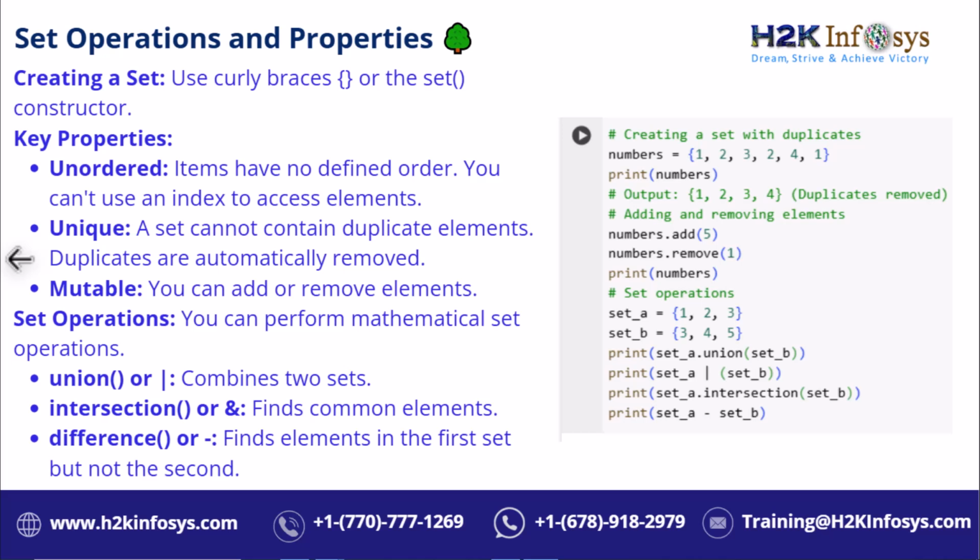Apart from this, with the help of sets, we can perform some mathematical operations such as union, which combines the two sets. We can see it in the example here, we have a set A and set B, with 1, 2, 3 and 3, 4, 5. Let's see in the Colab all the union, intersection and difference.